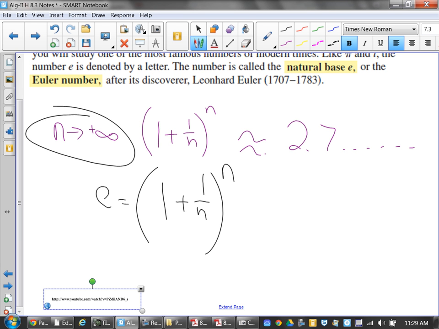So what we use this value of e for is, there's a button on your calculator. It works the same as exponential growth and exponential decay. It models itself off of those. It's used a lot of times in equations.